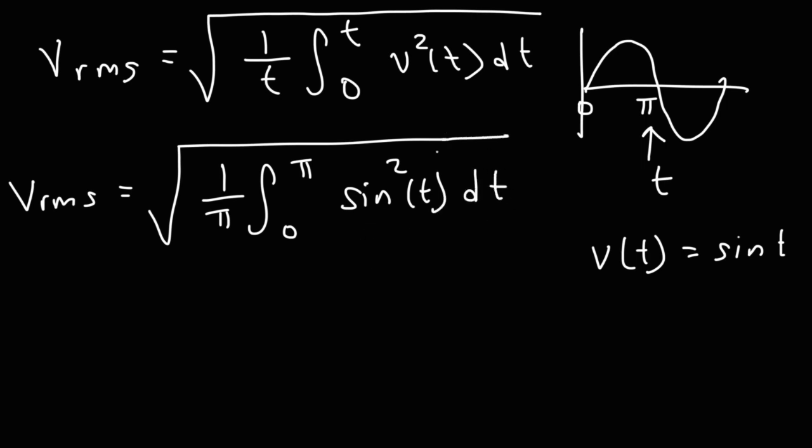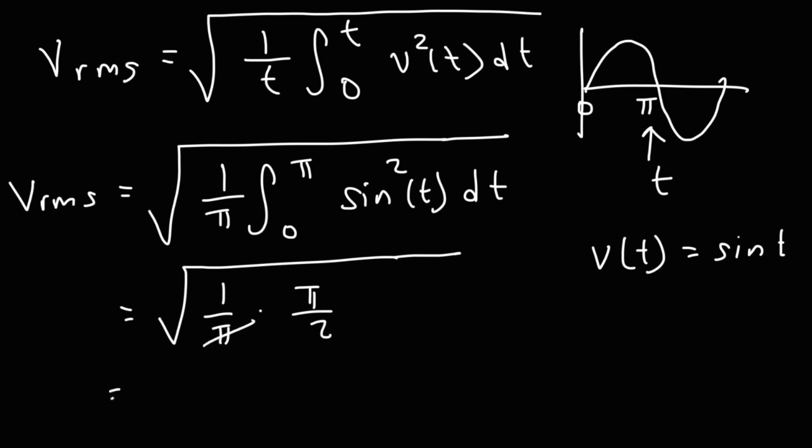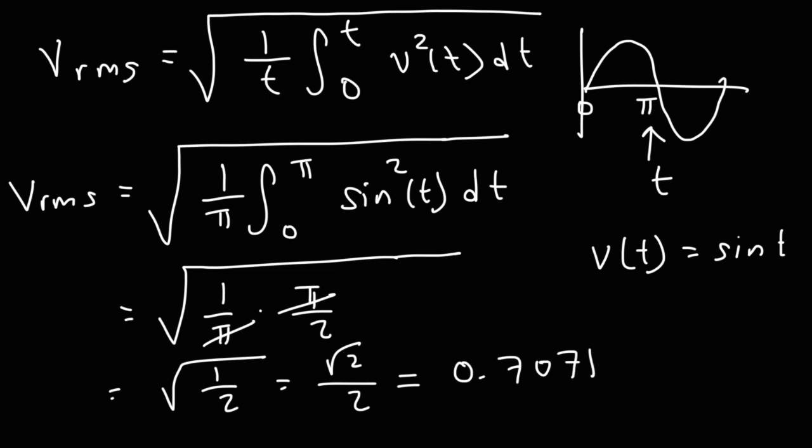Now, you can plug this into your calculator. The definite integral from 0 to pi of sine squared is pi over 2. And so this gives you the square root of 1 over 2, which is root 2 over 2, and that's approximately equal to 0.7071.